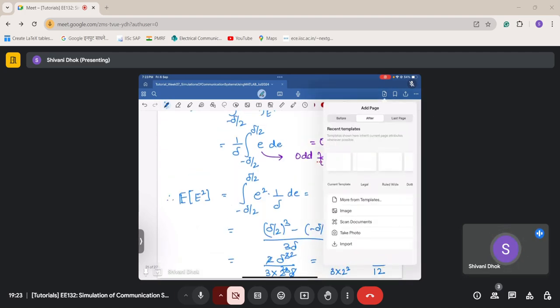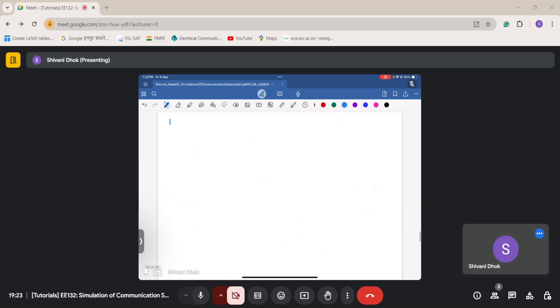So what we have obtained now is that the expectation of E is 0, which is your mean, and the expectation of E square is equal to delta square by 12.